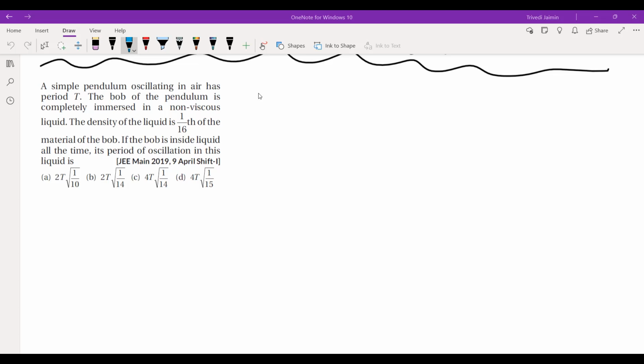Okay, then let's start. T equals 2 pi root L by g. L is the length of the pendulum, g is the acceleration.